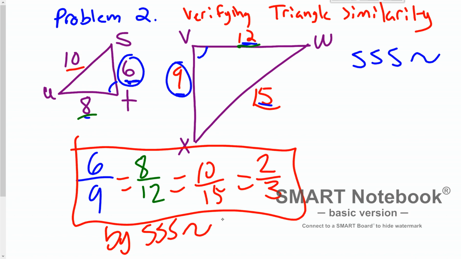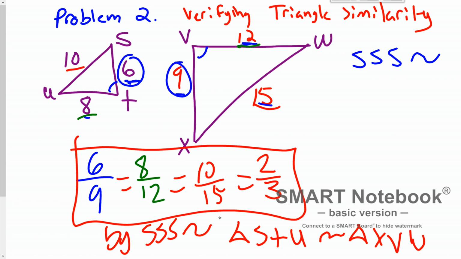I would say the two triangles, say STU is similar to, well, what matches up with S? What matches up with S would be X. T is V, and then U is W. I think I just mixed those up. V, not S. V. There you go.